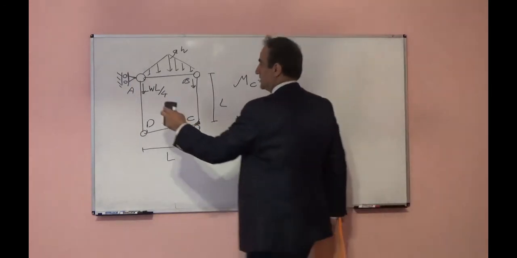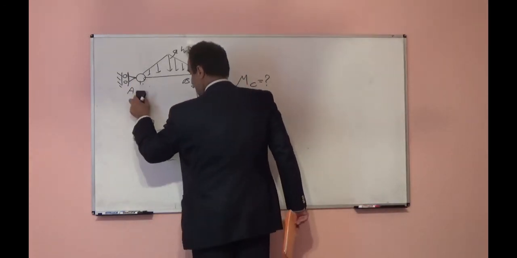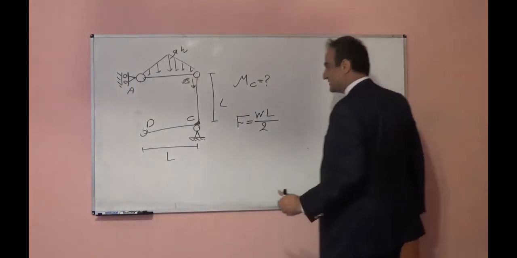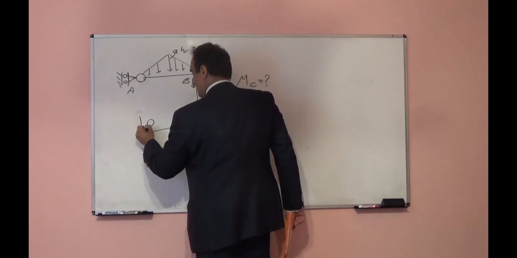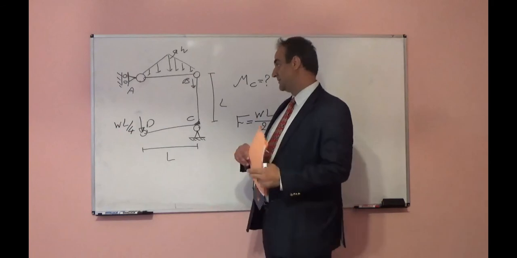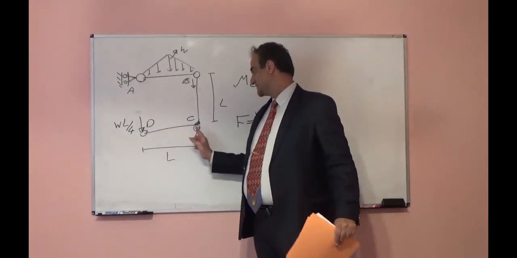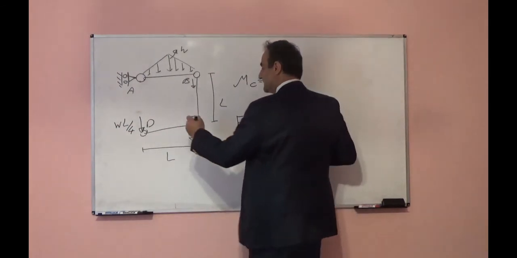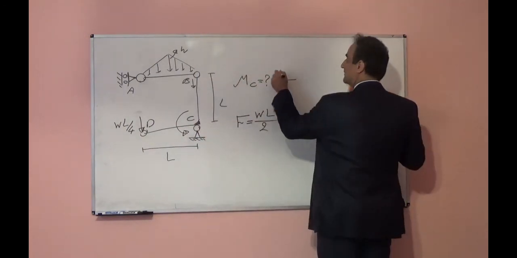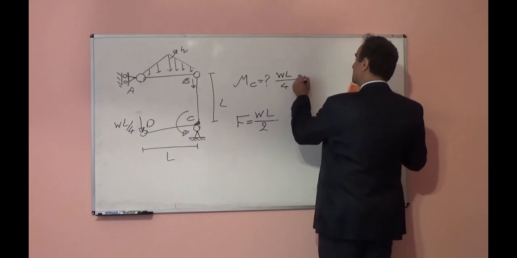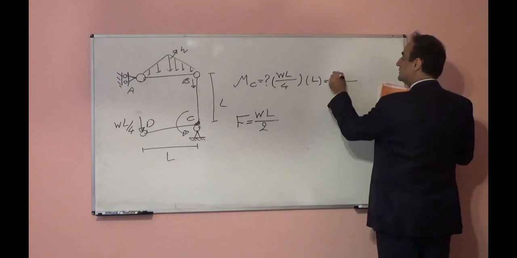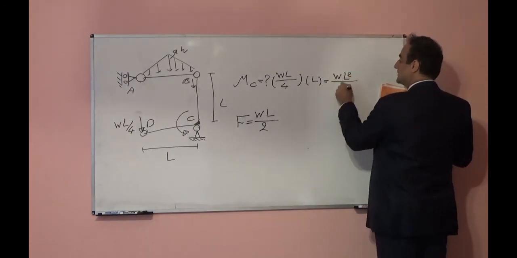So this load through this column will transfer here, WL over 4. That load times the distance up to point C, it will create moment that will be equal to WL over 4 times L. That will be equal to WL squared over 4.